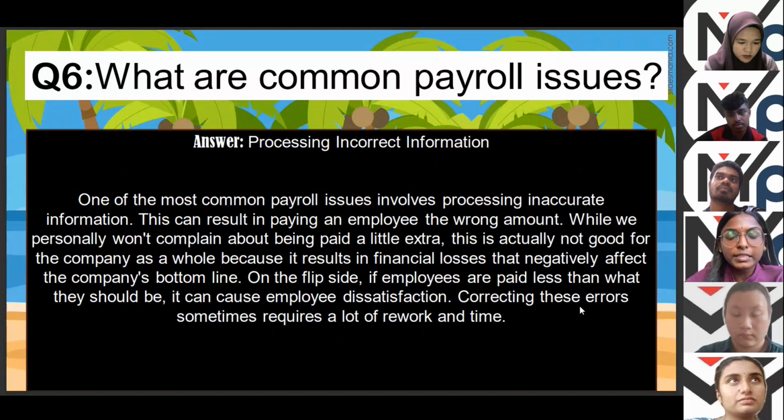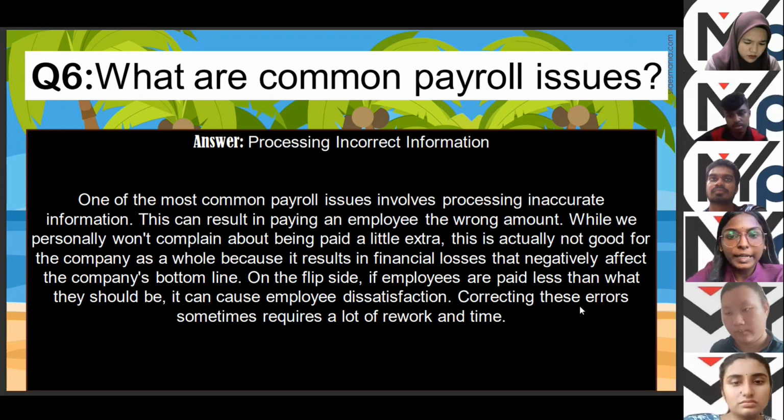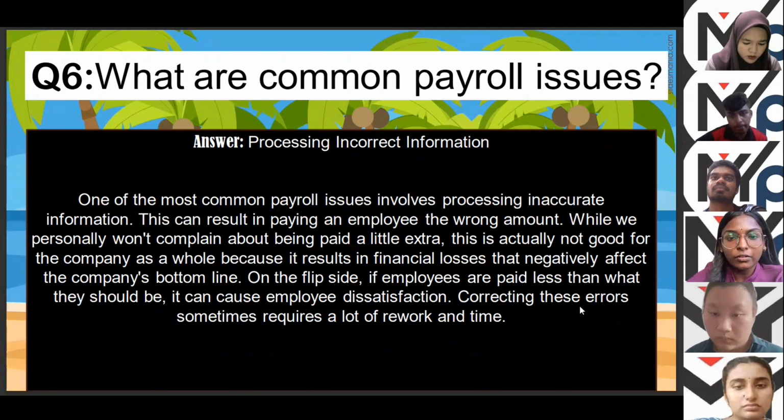While we personally won't complain about being paid a little extra, this is actually not good for the company as a whole because it results in financial losses that negatively affect the company's bottom line. On the flip side, if employees are paid less than they should be, it can cause employee dissatisfaction. Correcting these errors sometimes requires a lot of rework and time. That's all from me.